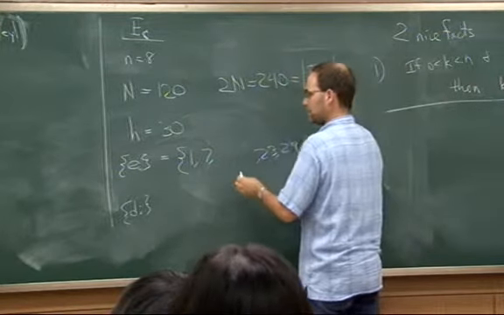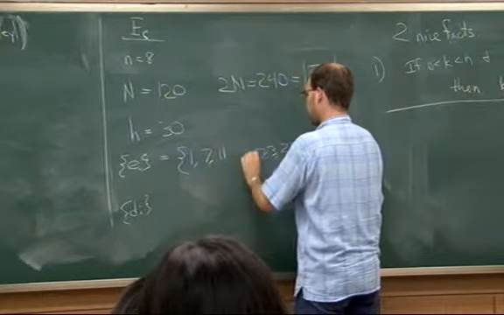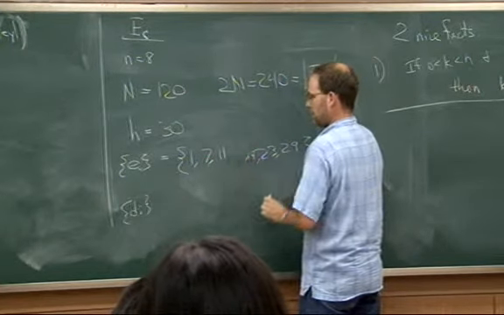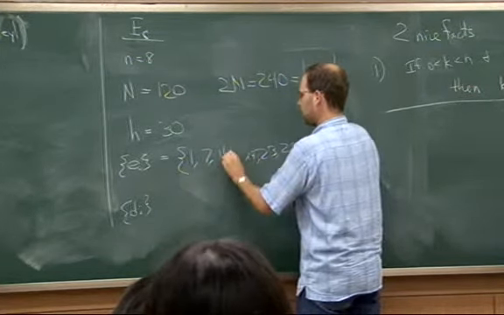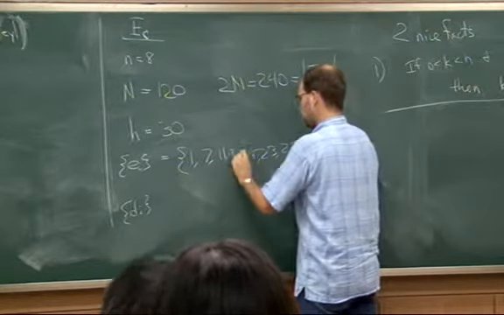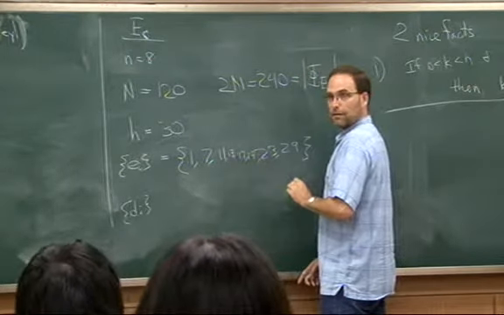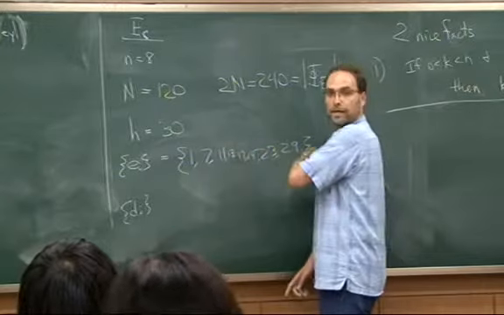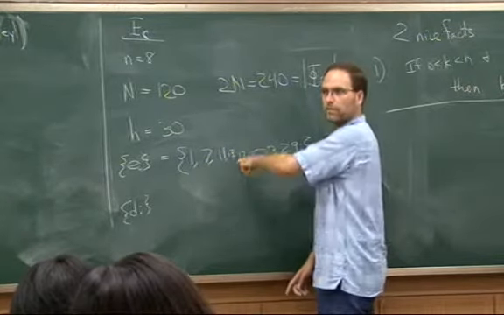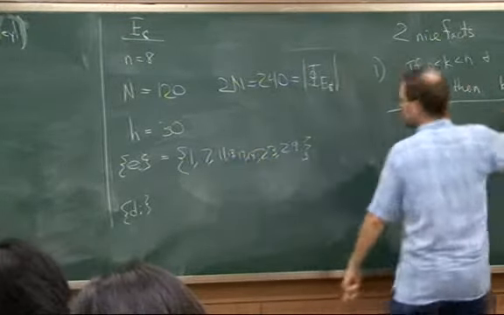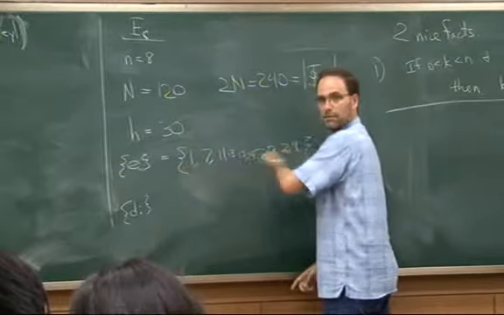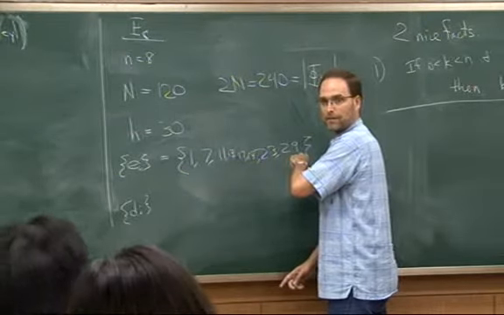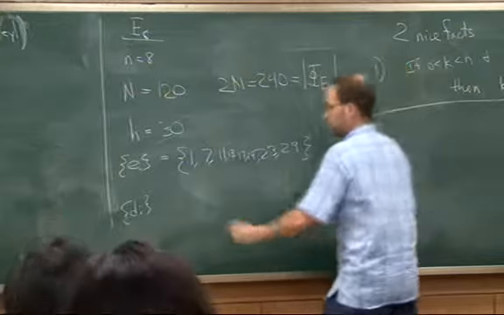What else? 11 and 19. Didn't leave myself enough space. 13, 17, and that's it. We got all 8. This doesn't always work, but for this particular group, this one fact tells you all 8 exponents.